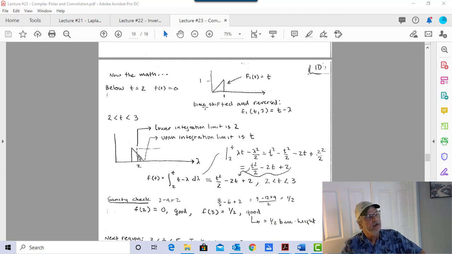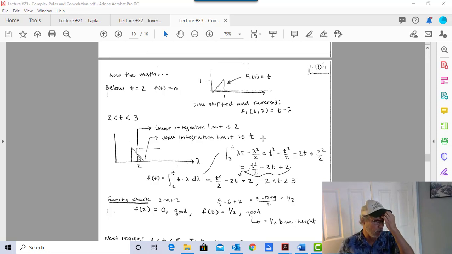And so first of all, here is our time-shifted and reversed F1. F1 of t and lambda is equal to t minus lambda. Go back to our shifting and reversing and make sure you're comfortable with this. Make sure that when I change t, that triangle just moves.